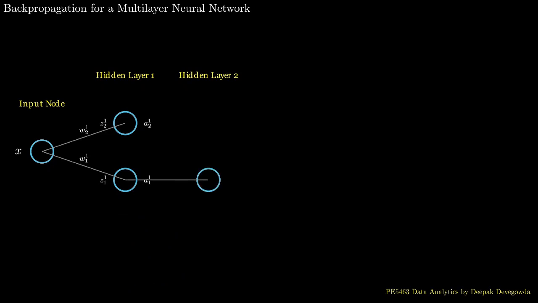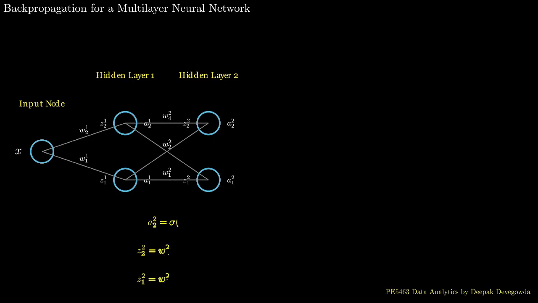I'm using a specific notation for this example. The A values denote post-activation outputs of a neuron, and the Z values are pre-activation inputs. The superscripts point to the hidden layers, and the subscripts refer to the individual neurons within each layer.